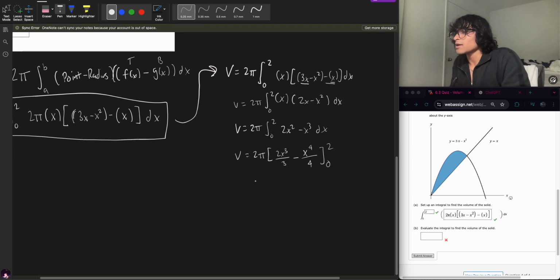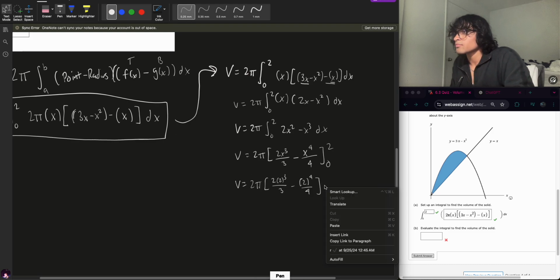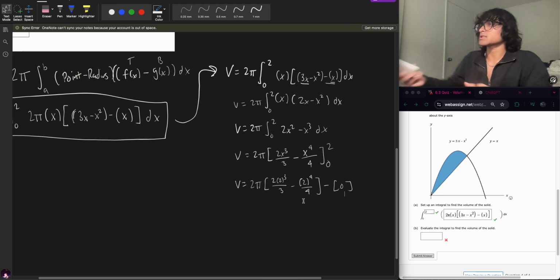Cool. So now we just got to plug this all in. So V equals 2 pi times 2 to the 3rd over 3 minus 2 to the 4th over 4, minus 0. Okay, we're going to put this in our handy dandy calculator here.